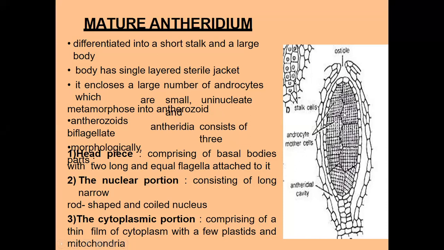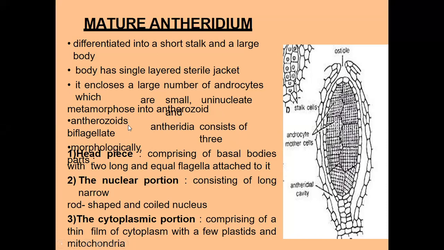Now, at the time of maturity, these androcyte mother cells undergo reduction division and produce uninucleate, small, haploid, biflagellate gametes, which we call antherozoids.